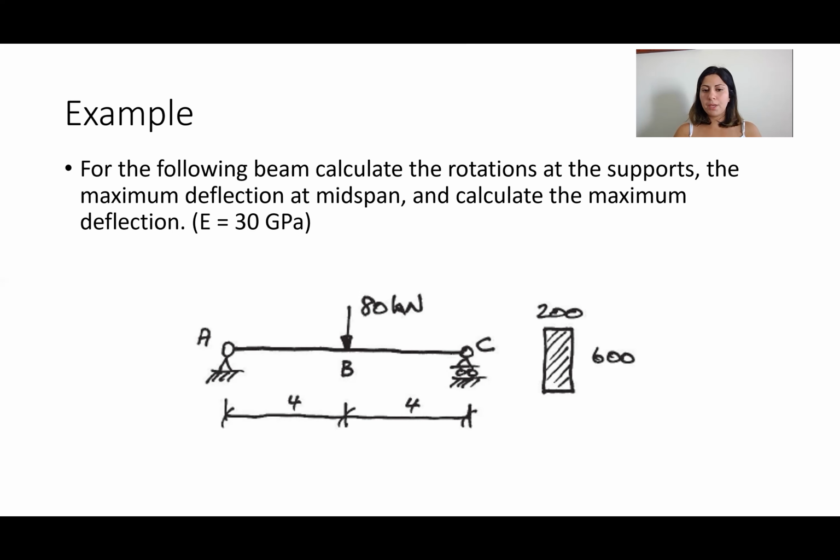The total length of the beam is 8 meters, in meters. And here is the cross section in millimeters. So it is 200 millimeters wide and the height is 600 millimeters.